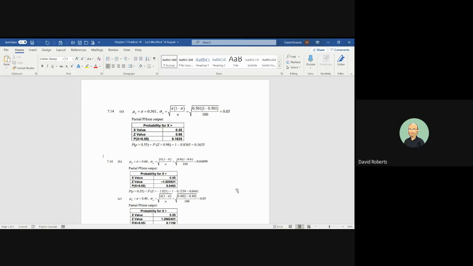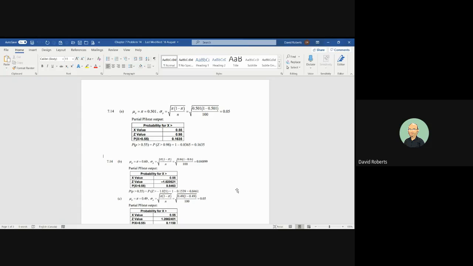So the standard deviation for proportion is, it looks like the pi symbol, you take the percentage, you multiply by 1 minus the percentage, you divide it by n, the sample size, and you take the square root.